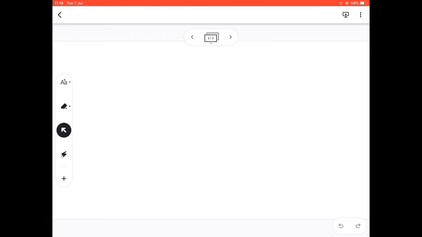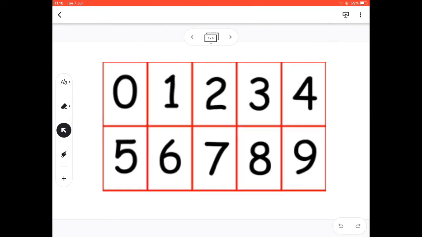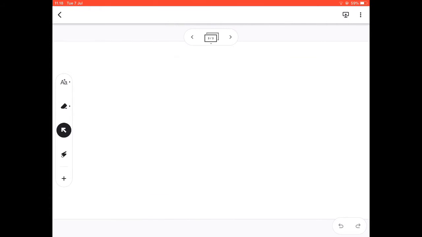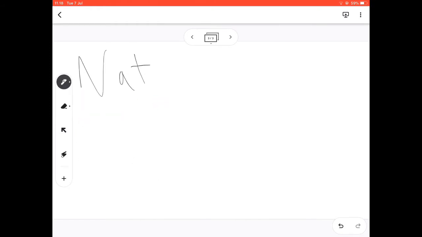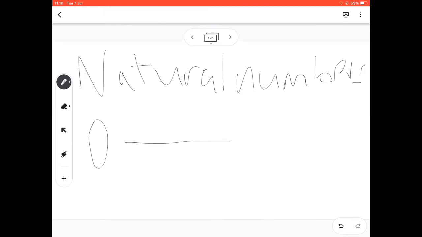So we all know what numbers are, from 0 to 1 to 2, all about the digits from 0 to 9. So you must have known about natural numbers. Natural numbers are basically the numbers from 0 to, I guess, infinity.